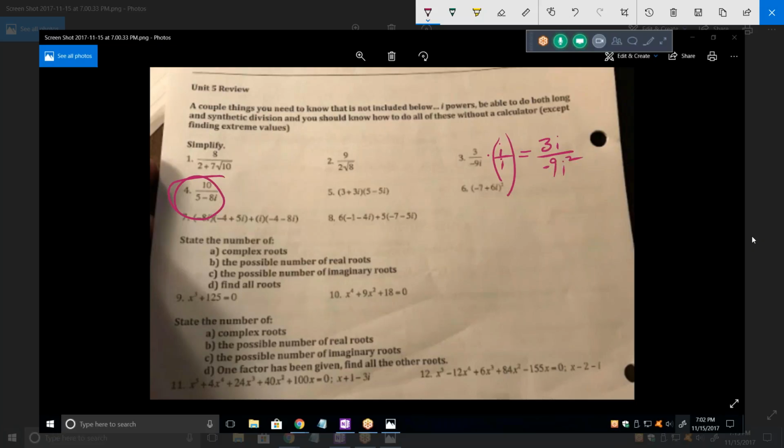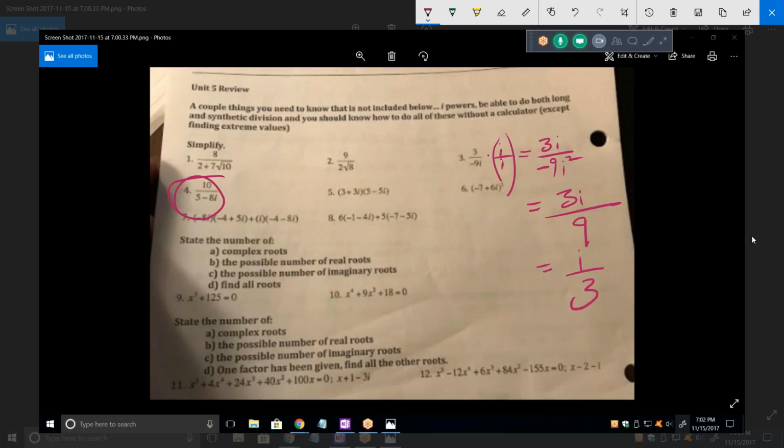Now, what's i squared equal to? This is a big part of imaginary numbers. Negative 1, so it'd be 3i over just 9. And now simplify that. It'd be i over 3. Correct.